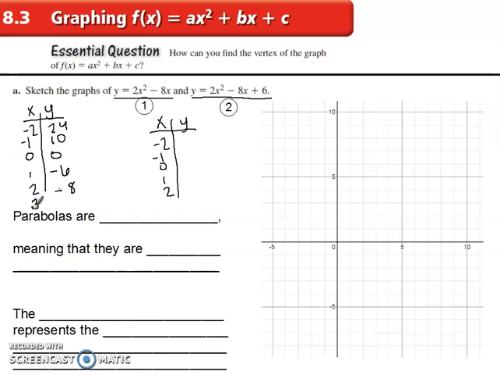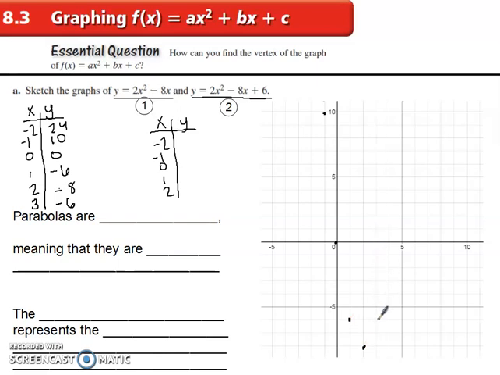I'm going to add 3. And when I plug in a 3, 2 times 9 is 18 minus 24 is going to give us a -6. So we do get that vertex, or what I've been referring to as your turnaround point.